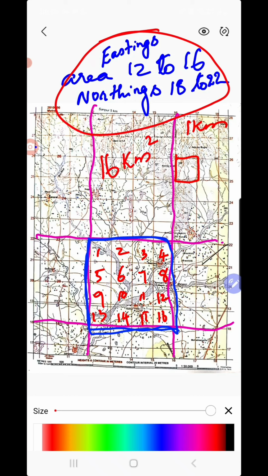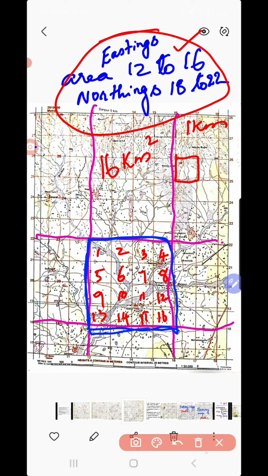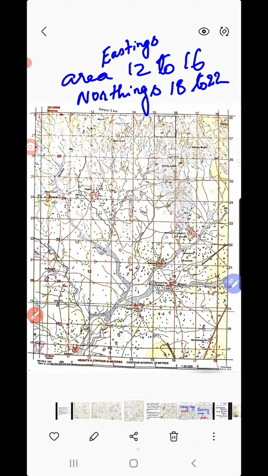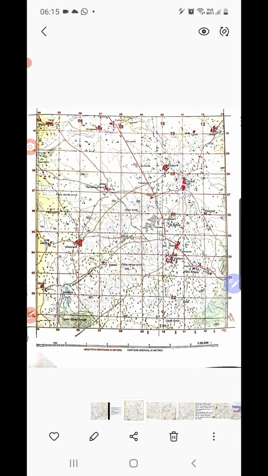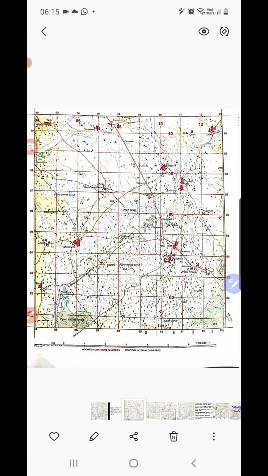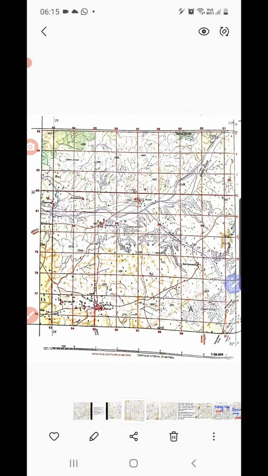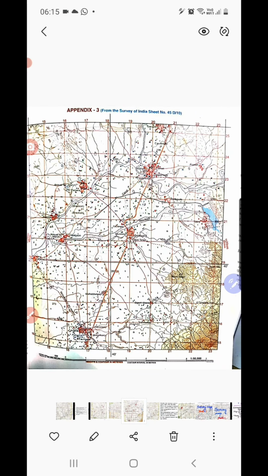Suppose a question comes, what is the total area of the given map extract? If a question like that comes, how will you answer? Look at this map. You have to find out how many squares there are in total.